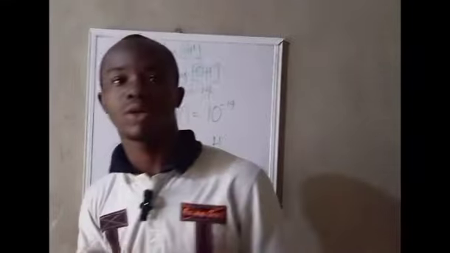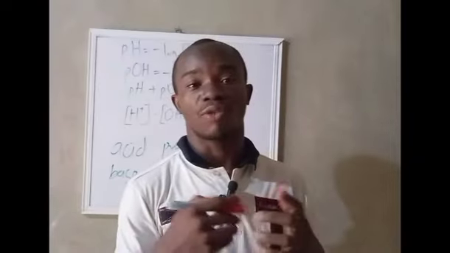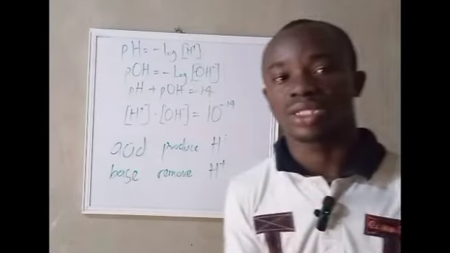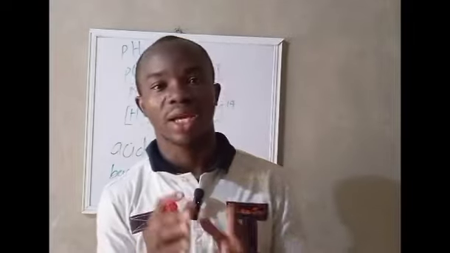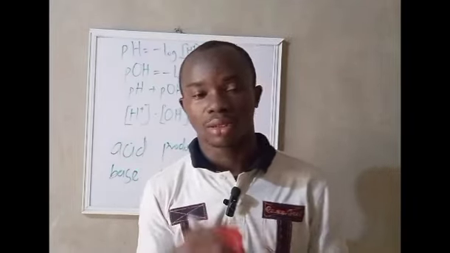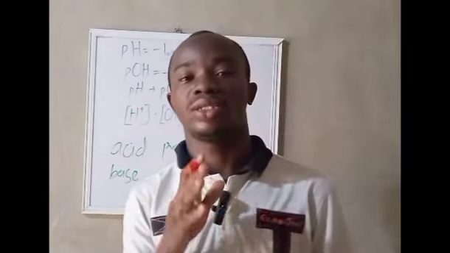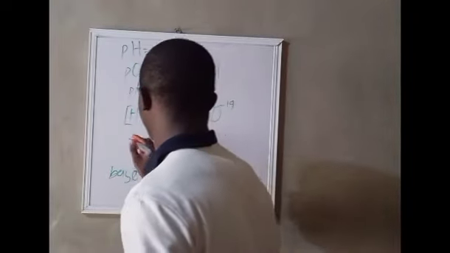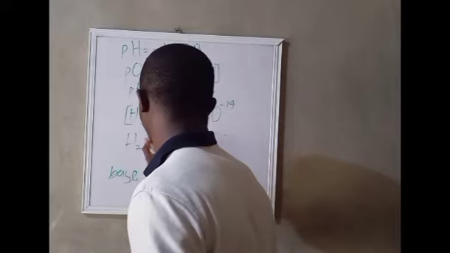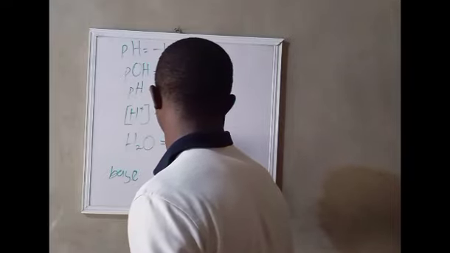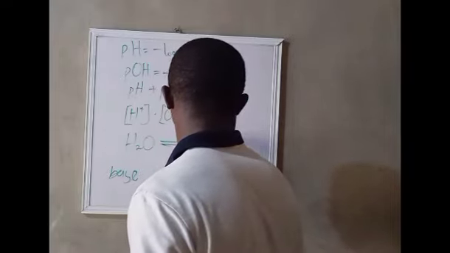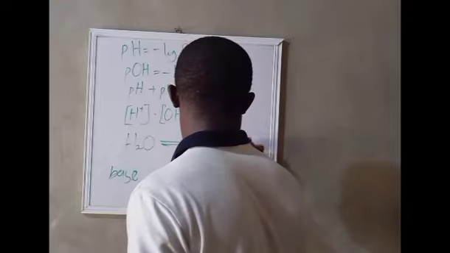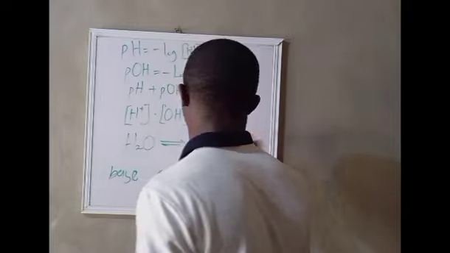The idea about this comes from what I talked about earlier, which is the fact that water can self-dissociate. When water self-dissociates, H2O produces H plus, and then we have OH minus.